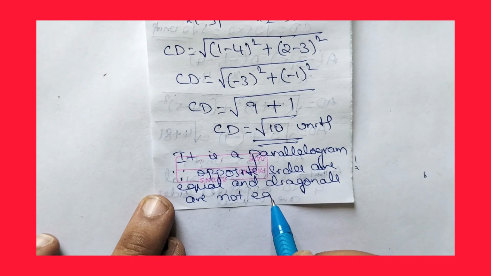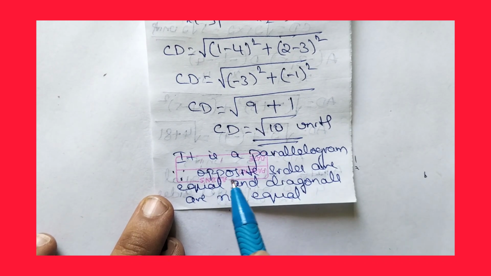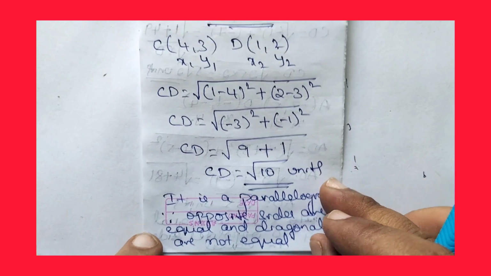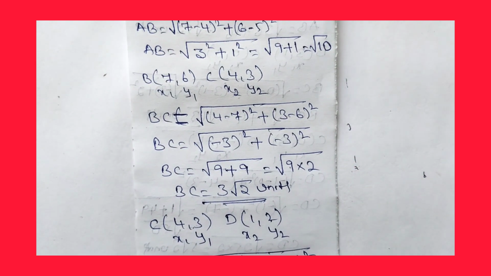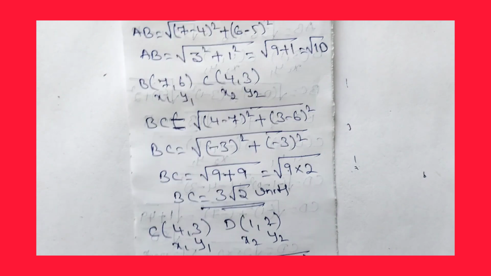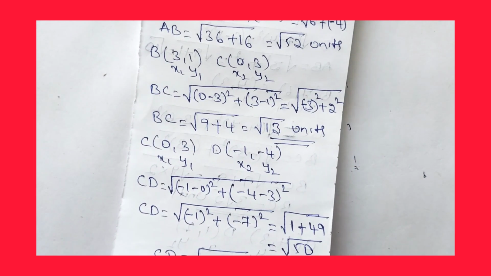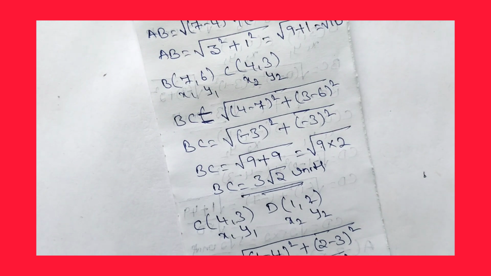Now let us see which are the two diagonals we have taken. We have taken AC and BD, and the diagonals are not equal.